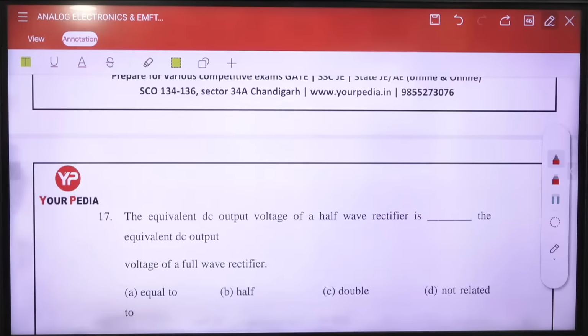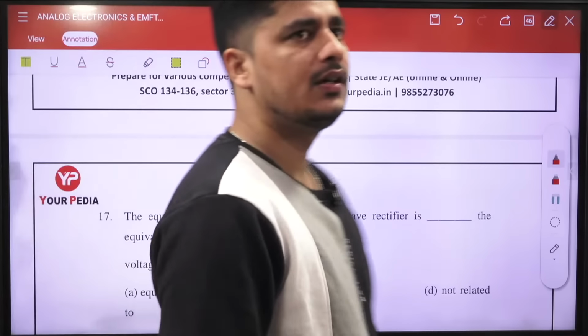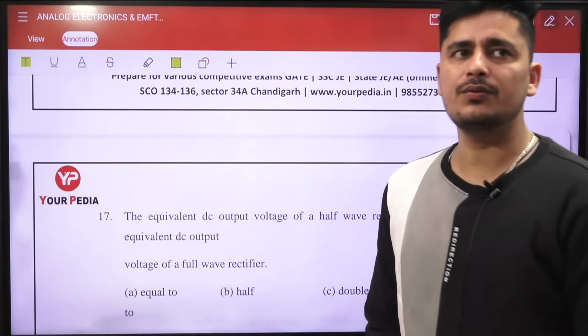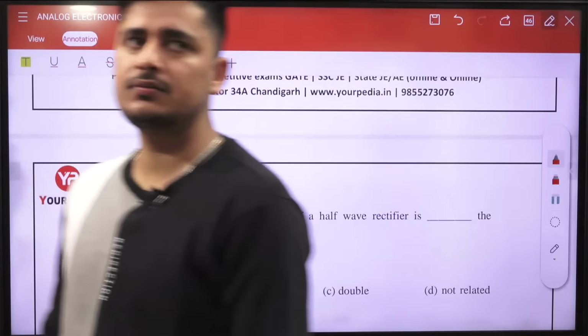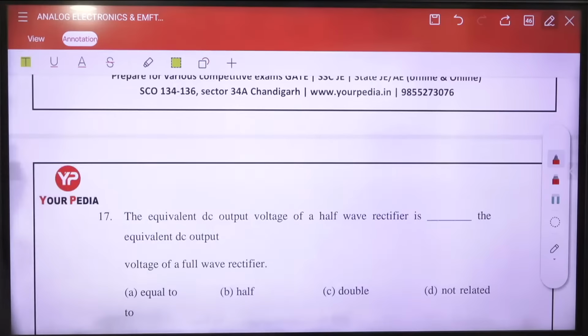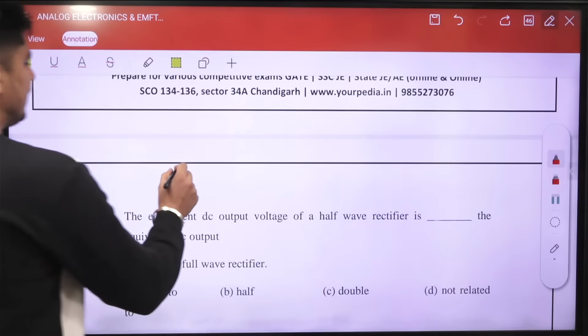The equivalent DC output voltage of a half wave rectifier is related to the equivalent DC voltage of a full wave rectifier. He is asking about the DC voltage. What is the formula for a half wave rectifier?